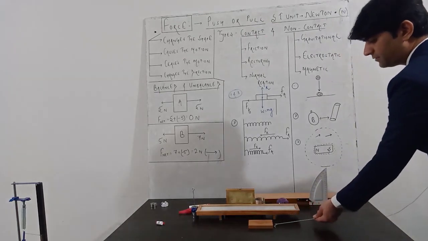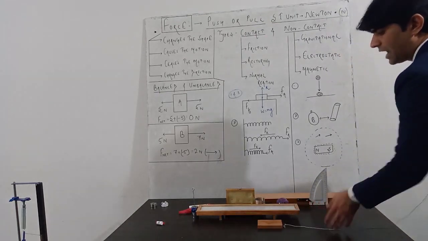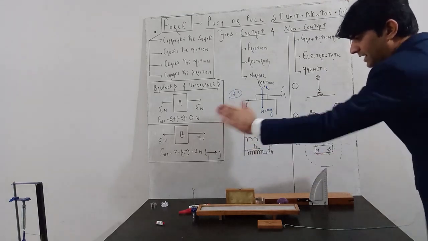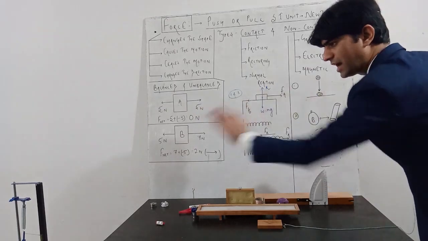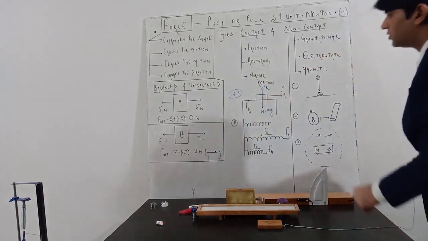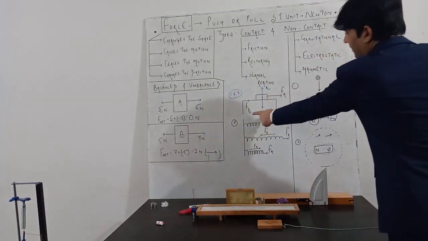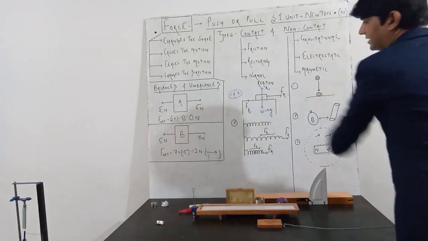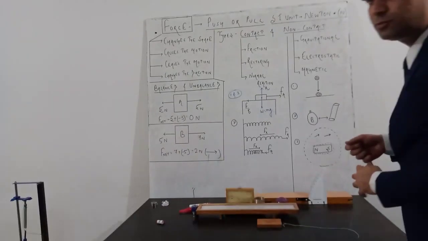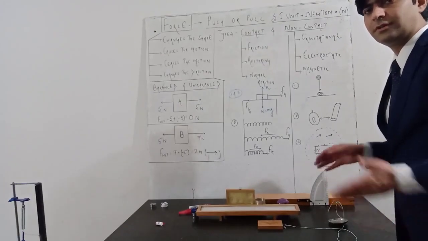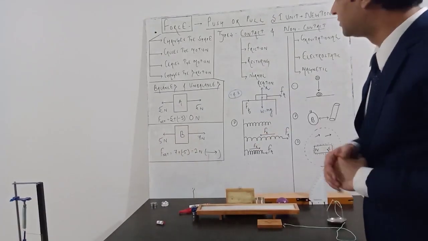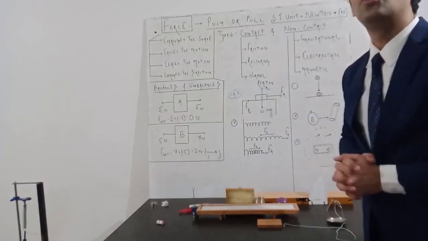So this is the applied force applied by my hand, and the frictional force will act in the opposite direction. The motion is in this direction and the frictional force will act in that direction. Frictional force is indicated by F here, and Fa is the applied force. Whenever two bodies or two surfaces come in contact with each other, there acts a frictional force. So frictional force is a kind of contact force.